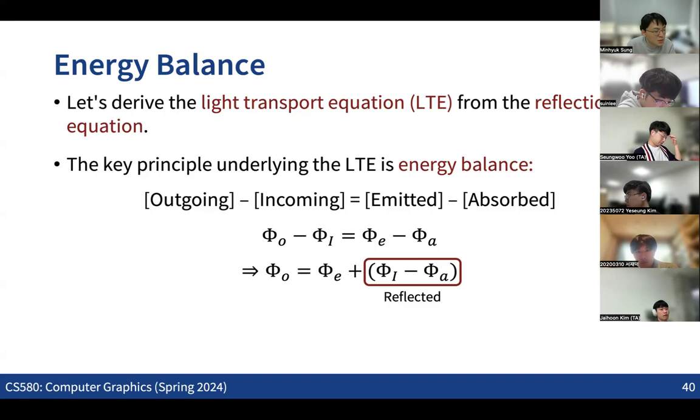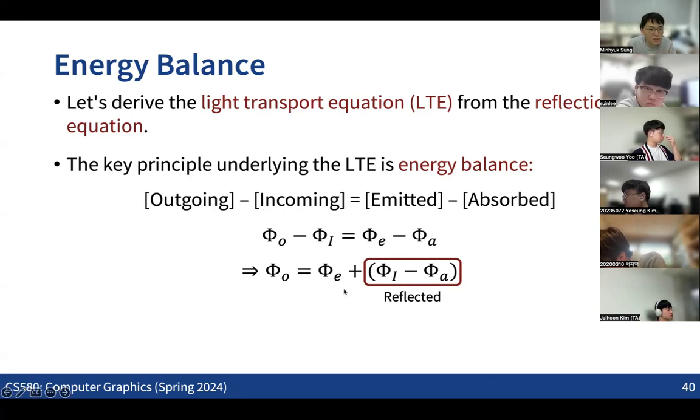So when you denote the outgoing power, incoming power, emitted power, and absorbed power, we can say that they have this kind of relationship, right? And if we move the incoming power to the right hand side, then we also have this equation. So the difference between the incoming power and the absorbed power can be the portion that we see as reflection, right?